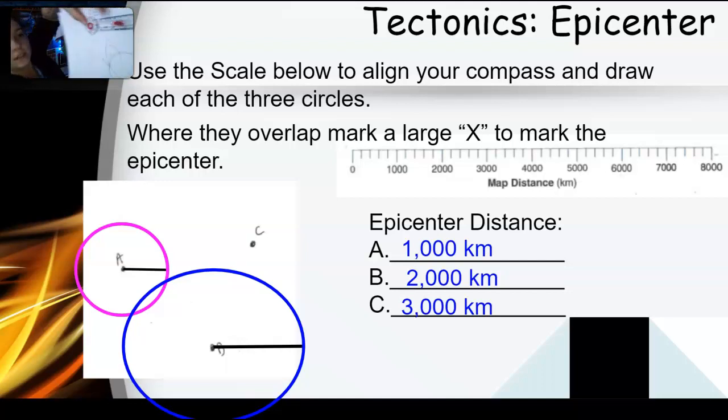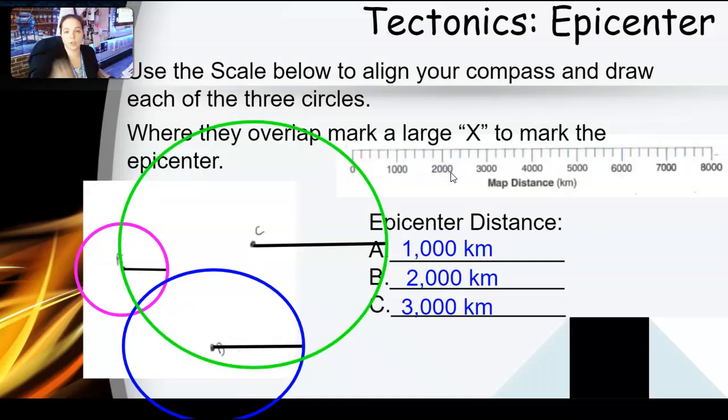It's not very easy to see, but my 0 and my 3000 line up. I will then bring my compass over here to C, place it on the C, put my finger there, put my pencil in the hole, the first hole that I chose for 3000, and then go in a circle with my compass.